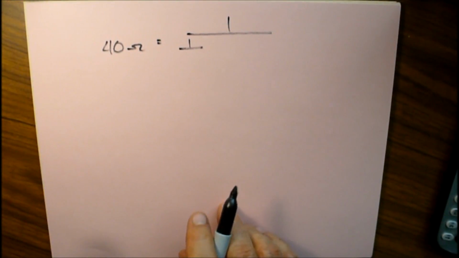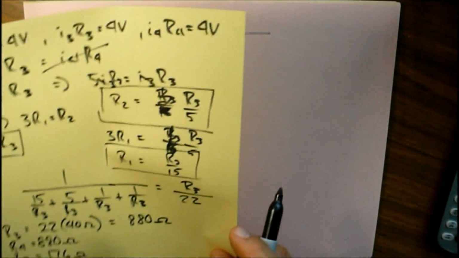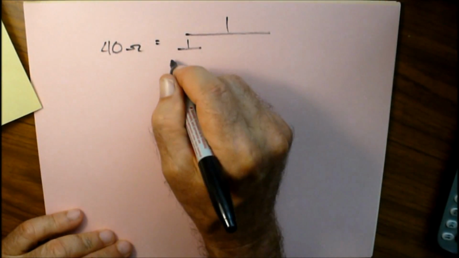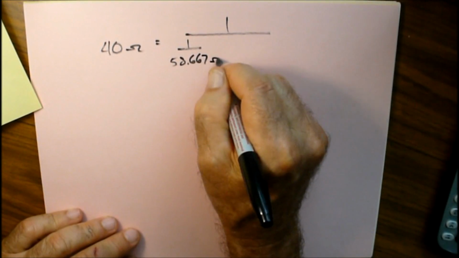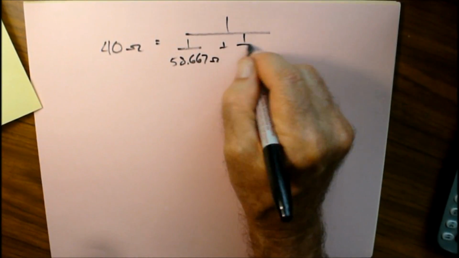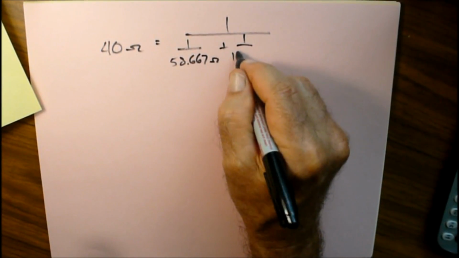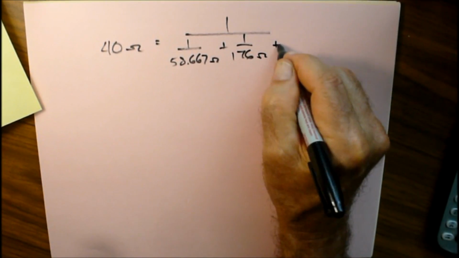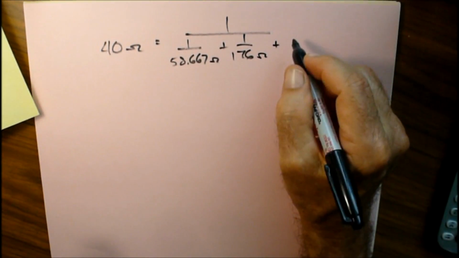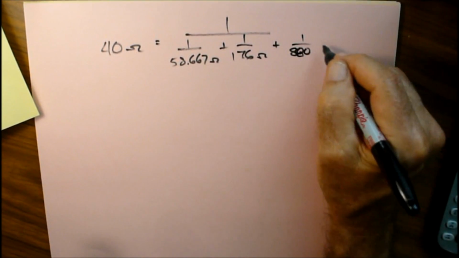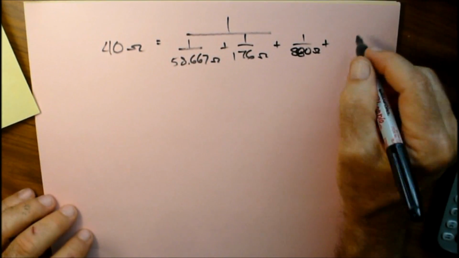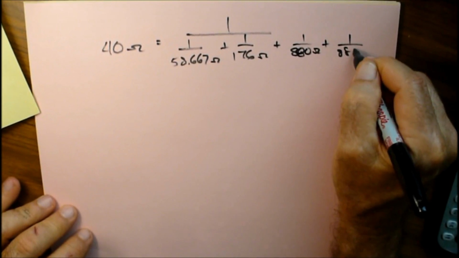So we said R1 is 58.67, plus 1 over R2, which is going to be 1 over 176 ohms, plus 1 over R3, which is 1 over 880 ohms, plus 1 over 880 ohms.